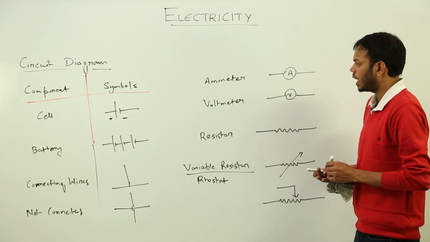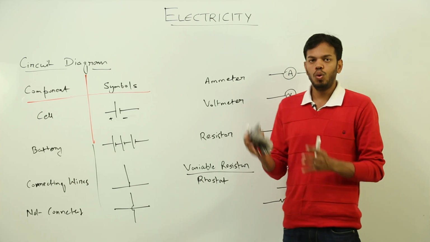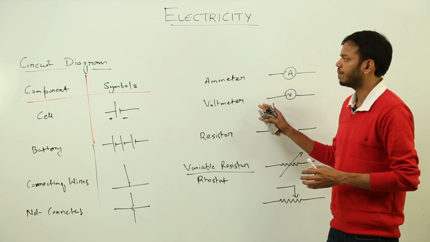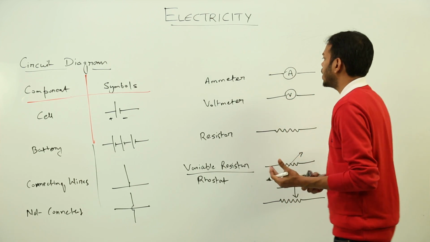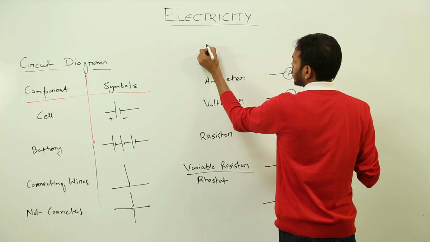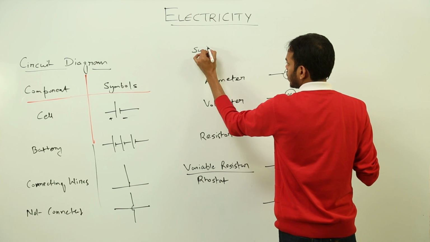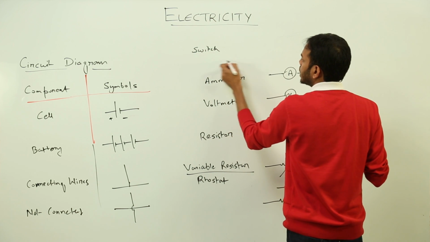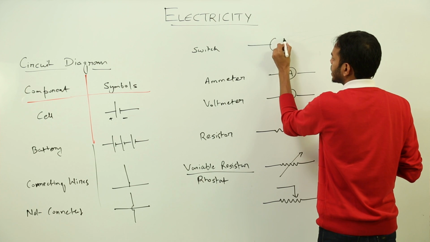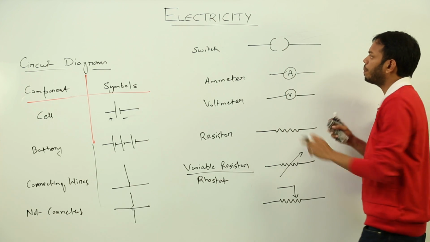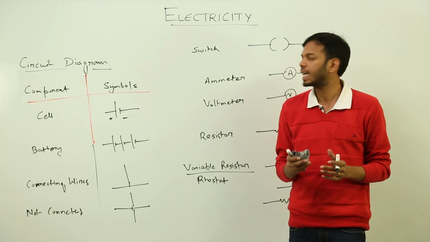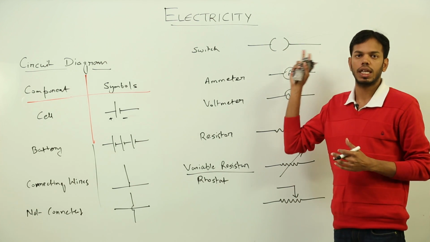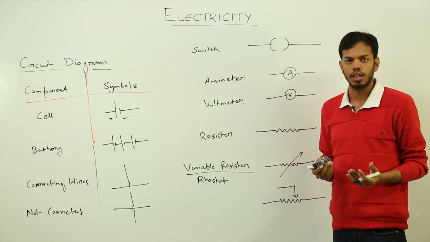So these are a few very important components of a circuit diagram, but one which you are already familiar with, I'll draw here, which is a switch or a plug. A switch is denoted by this. If I have not placed any dot between these two closed-ended brackets, then it is called an open circuit or open switch.